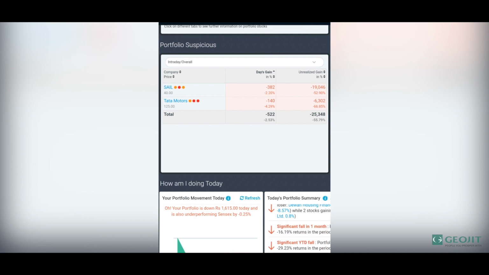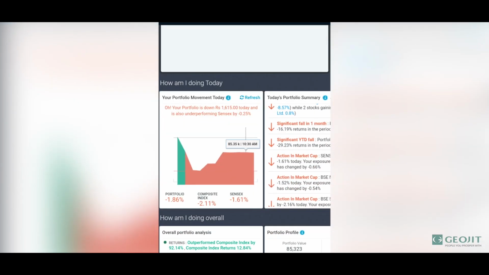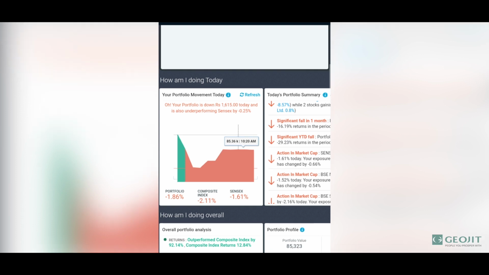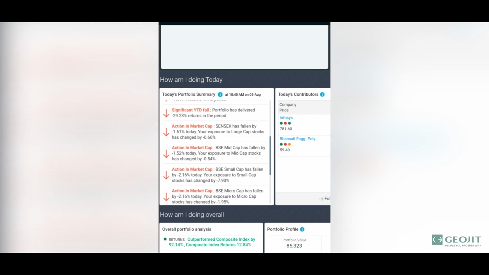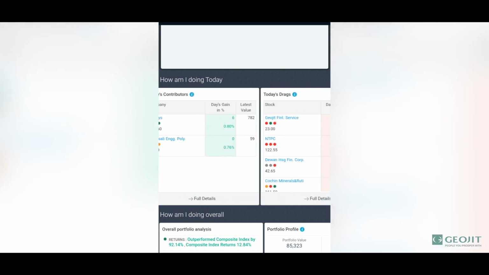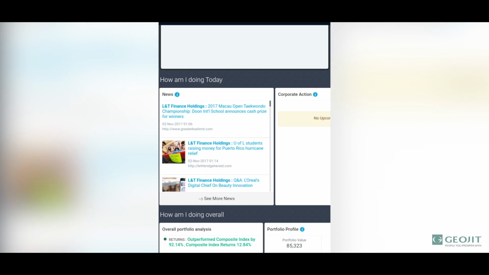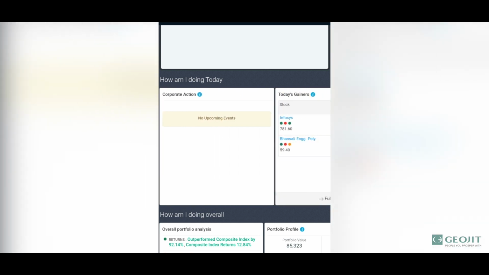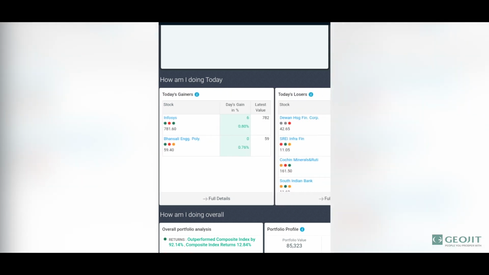Here, each of your investments is tracked through this module. You could see the portfolio movement for today plus the portfolio summary. Then there are today's contributors and drags, the news pertaining only to the stocks that you hold, the corporate actions, the gainers, losers, etc. of the stocks that you hold.